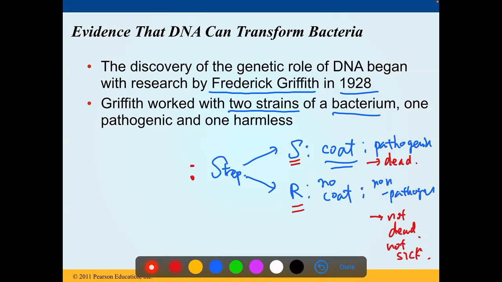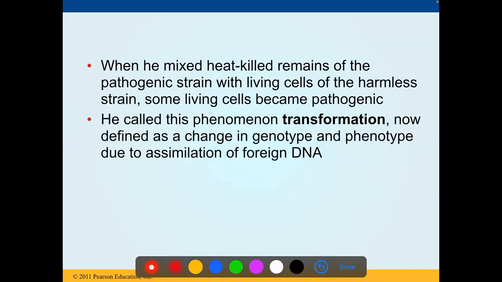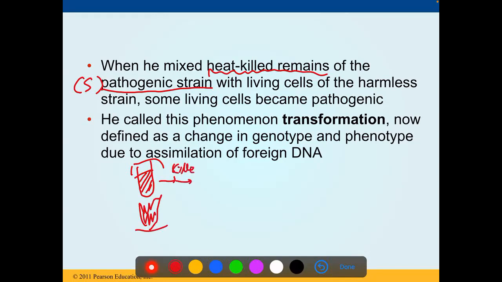He tried to show that DNA is the genetic material. What he did is take the pathogenic S strain and kill it with heat. You grow them in a bacterial soup, then put a burning flame here and boil them, so they are killed.